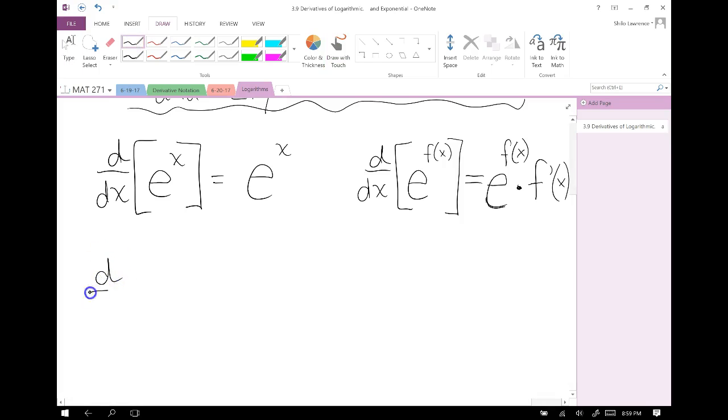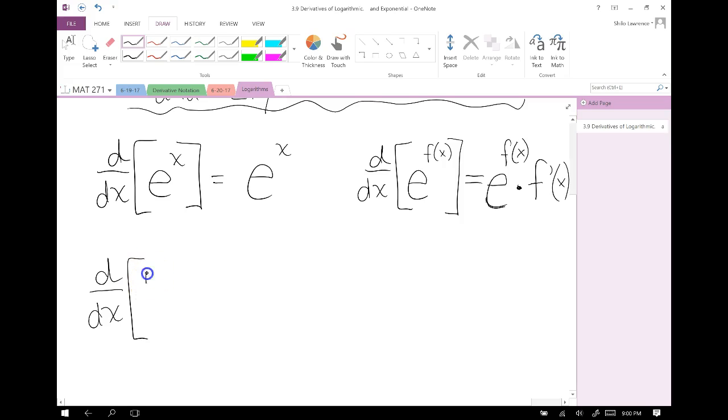So just the basic log rule, and there's a proof of this in our textbook that just involves rewriting the log as an exponential and doing an implicit derivative. It's really pretty simple. It just requires you to remember how to rewrite a log as an exponential.